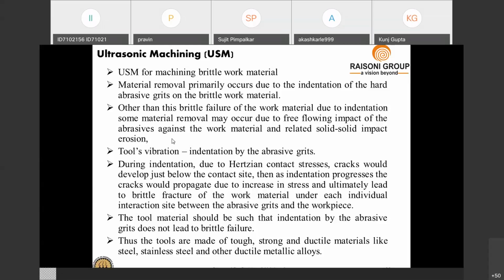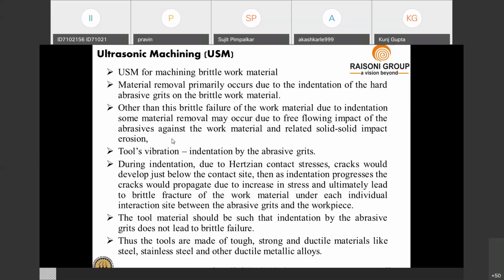So during indentation, cracks will develop just below the contact site, just below the tool and abrasive grains. In that, cracks will form. Then as indentation progresses, the cracks would propagate due to increase in stress and ultimately lead to brittle fracture of the work material under each individual interaction site between the abrasive grain and the workpiece.